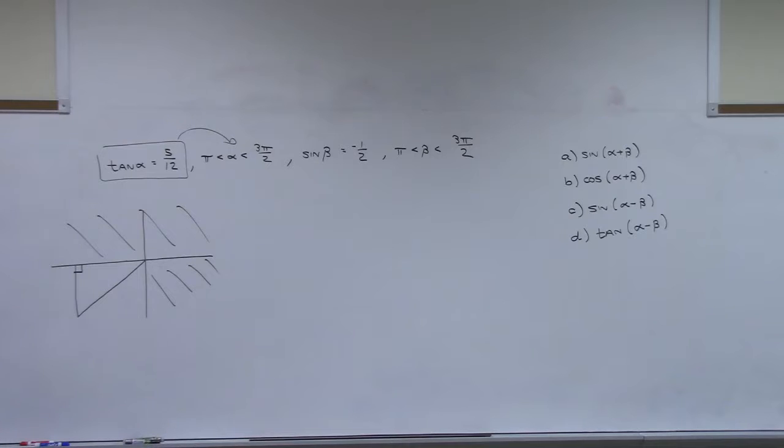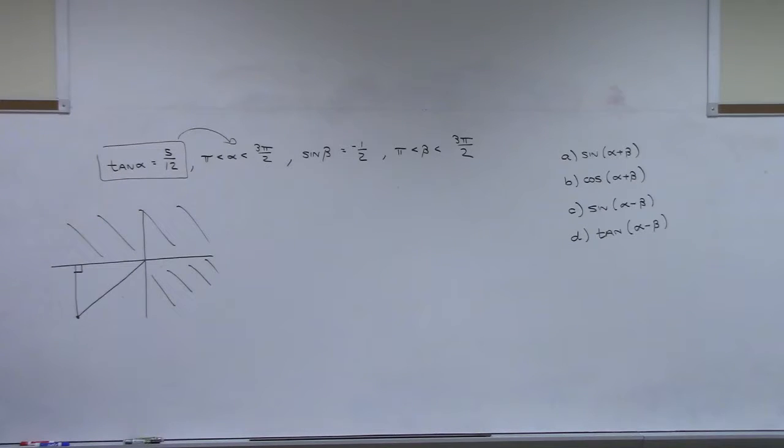Now, keep in mind that if you draw your reference triangle like this, what do my x and y coordinates have to be if I'm in that quadrant? They both have to be negative, right? Like if I'm here, to get to this point, I have to go negative on the x and negative on the y.